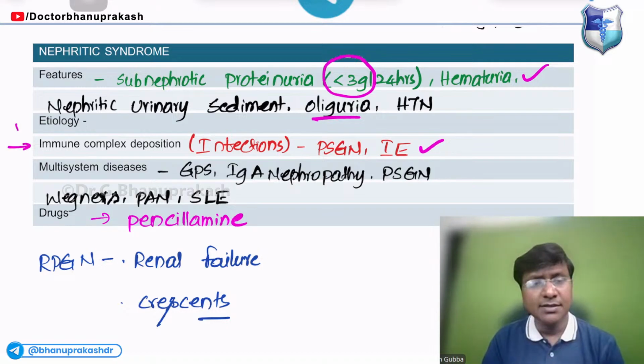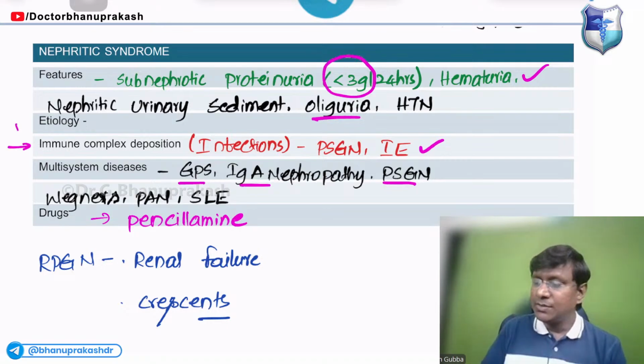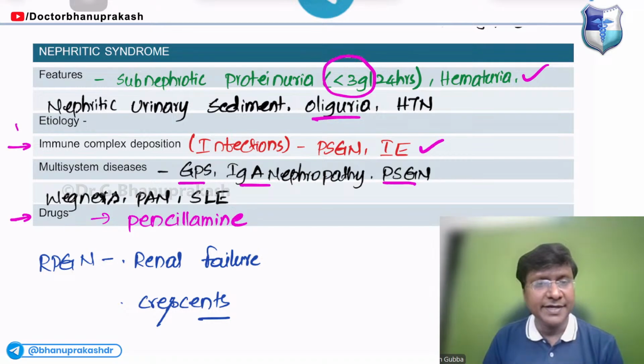Then what are the multi-system diseases that can contribute to the development of nephritic syndrome? Goodpasture syndrome, IgA nephropathy, as well as post-streptococcal glomerulonephritis. Then what are the drugs that can cause nephritic syndrome? Penicillamine.